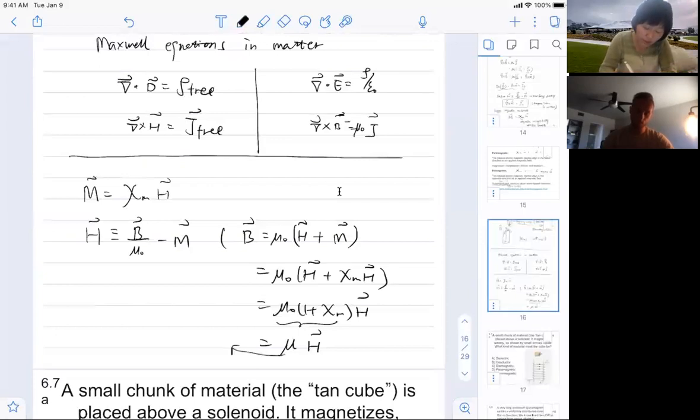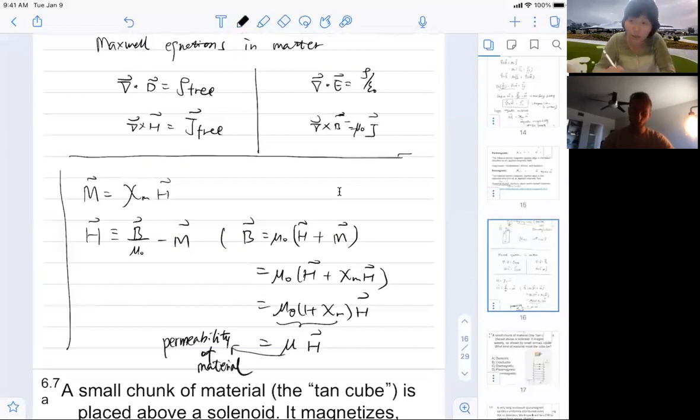This is the permeability in matter, as opposed to mu naught. These relationships we will probably refer to later.